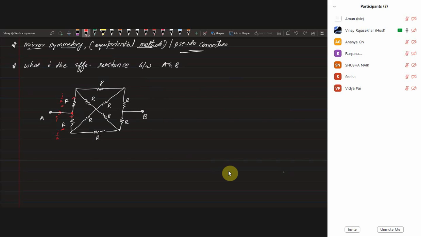Now just try to understand. This I by 2 current is entering into this junction. From this junction, how will the current divide? Please tell me.